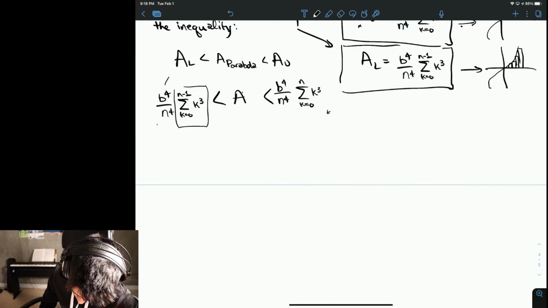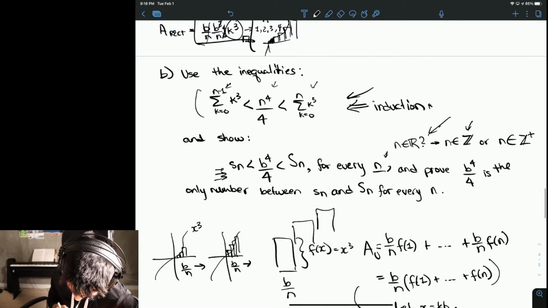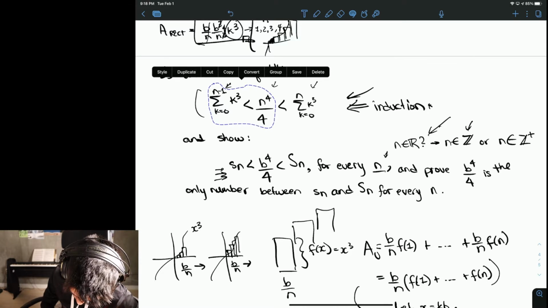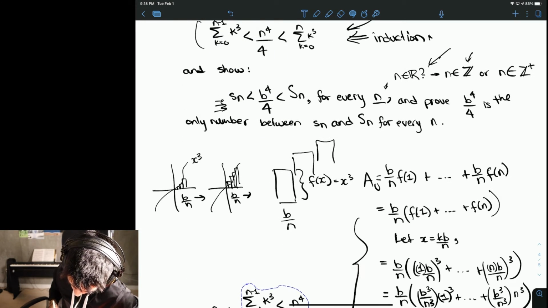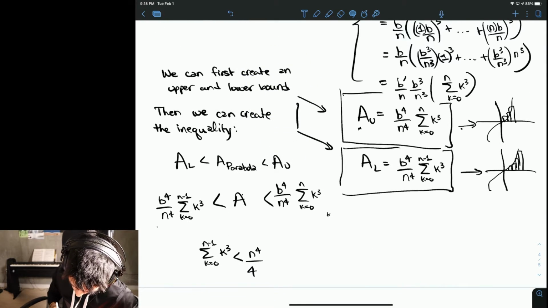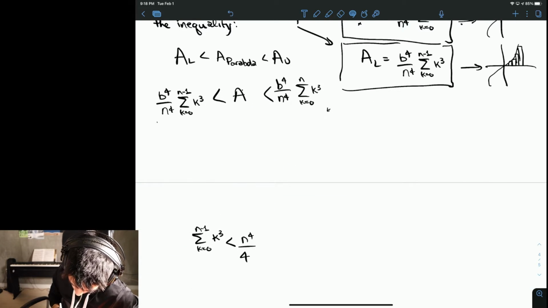I think the way that we can argue that is we will take this inequality, or part of this inequality right here, duplicate this, and bring it down here.